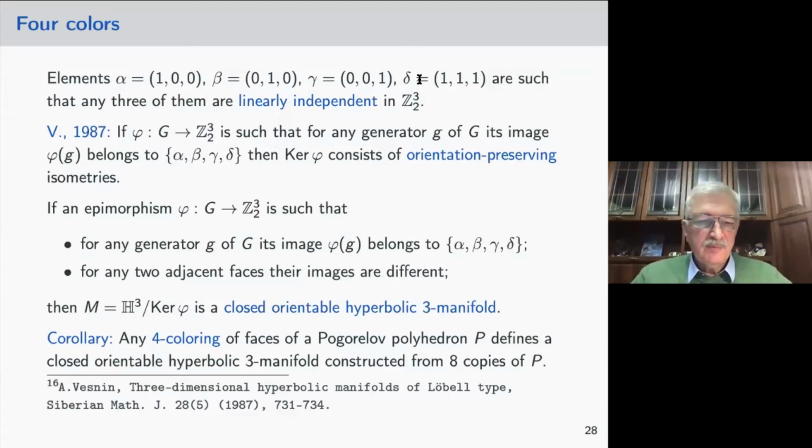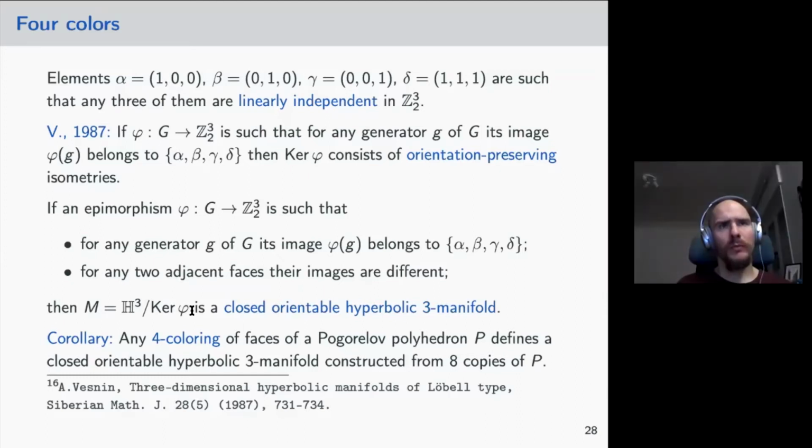And the property is, if you start from a good coloring, I mean coloring in the sense of graph theory, the kernel will be torsion-free. So there are no elements of finite order in the kernel, and thus there are no rotation reversing elements, so any isometry preserves orientation. So we can find the manifold, which is a quotient by the kernel. But our kernel is a group of index 8, since we consider the homomorphism to the 8-element group.